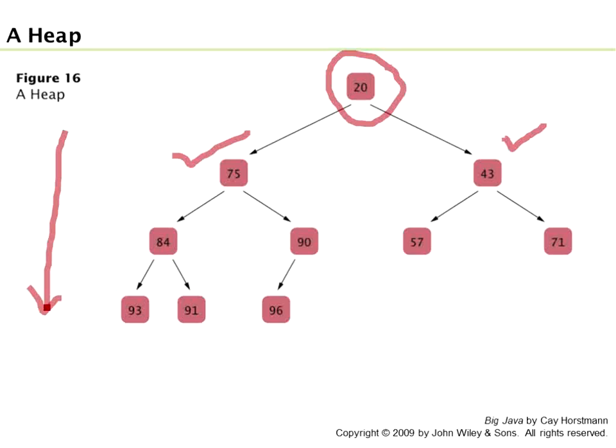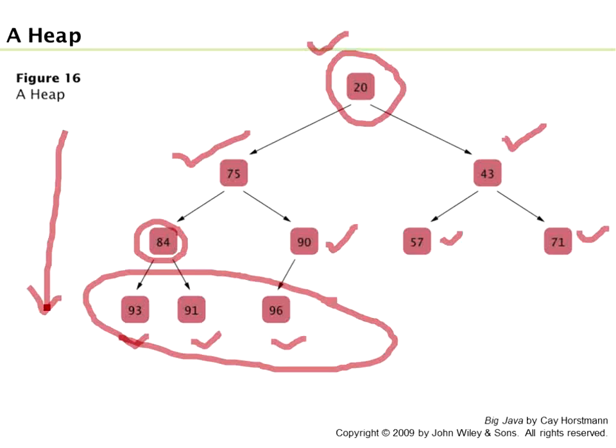Now here you have 84. 84 is greater than 75 and 20. A larger value. Now you see here you have 84, then 90, 57, 71. And then you have 93, 91 and 96. So these values are larger than these values, isn't it?